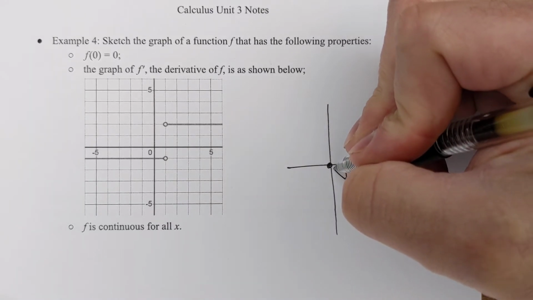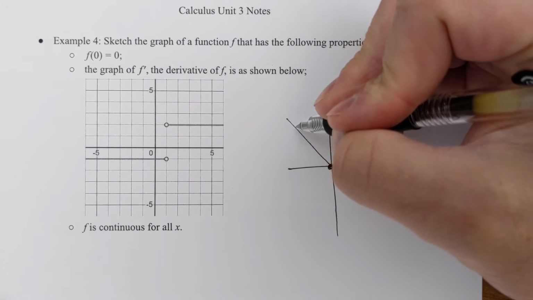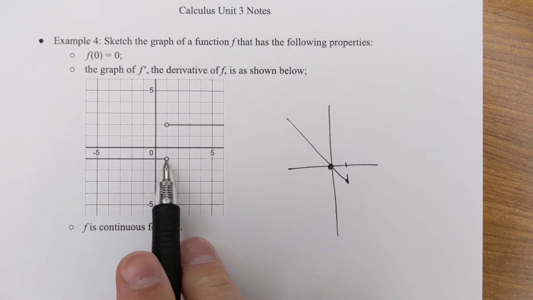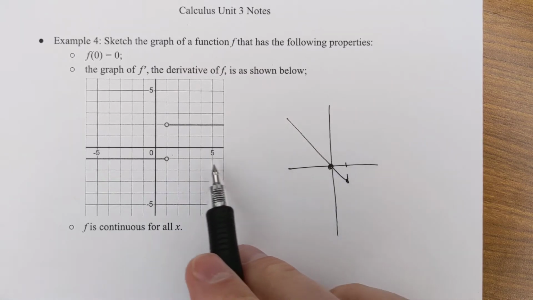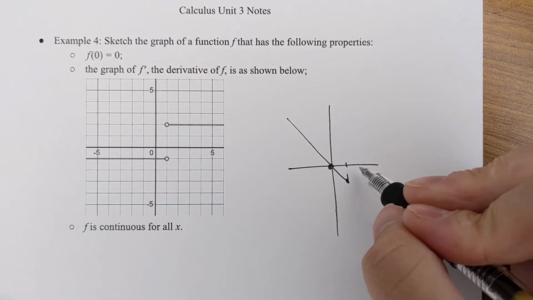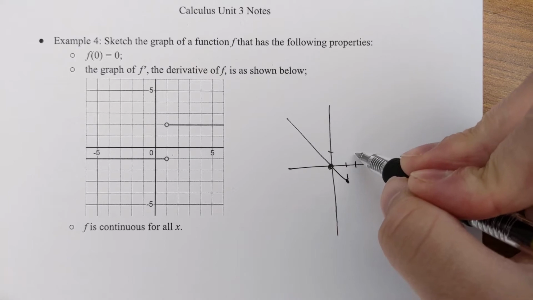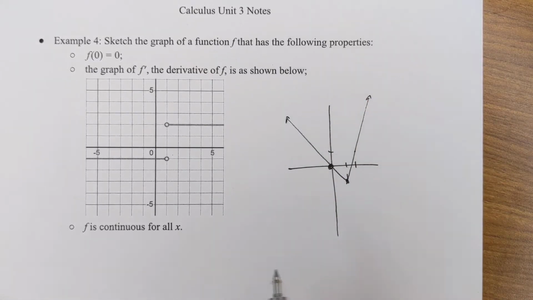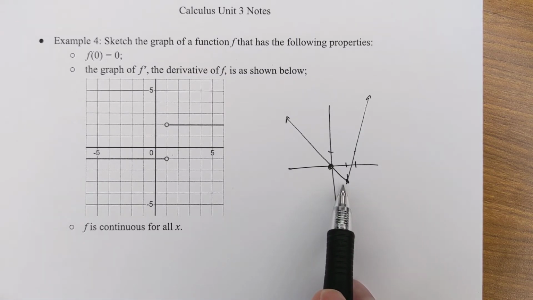So that graph is going to do this. So down 1 over 1 coming this way until I hit x equals 1, because that's where the break is. After x equals 1, the slope is now 2, which means I need to go up 2 over 1.